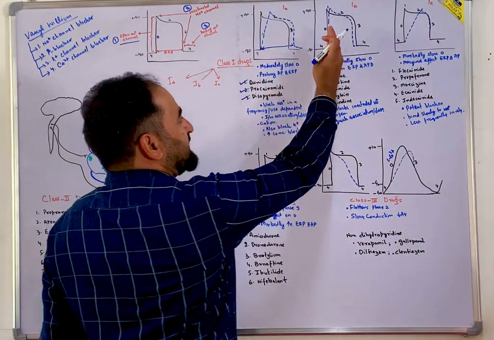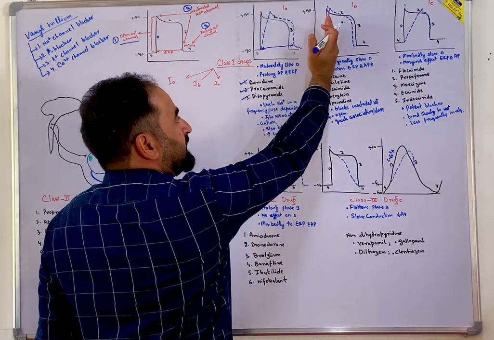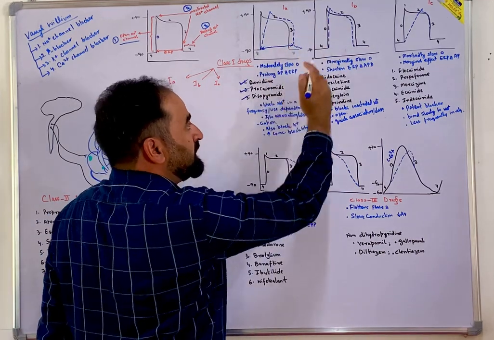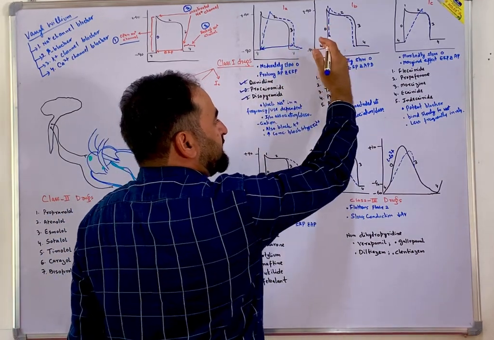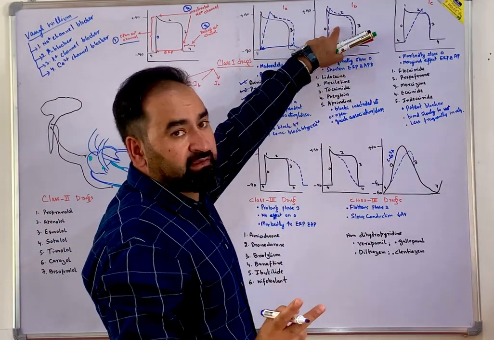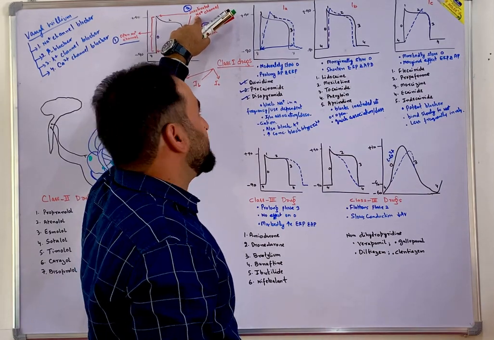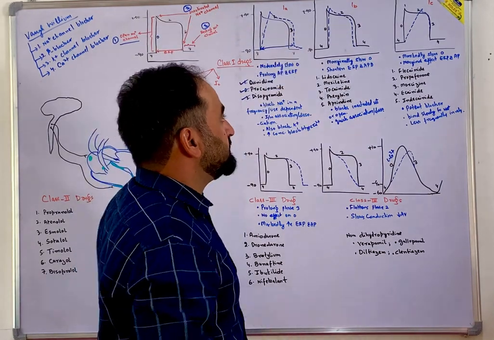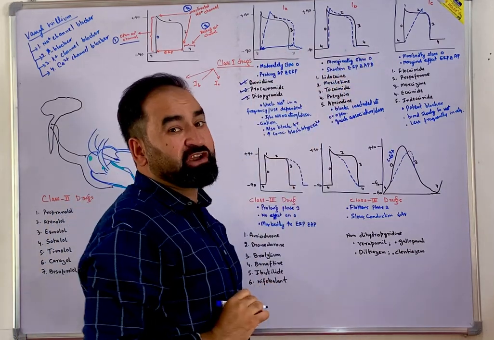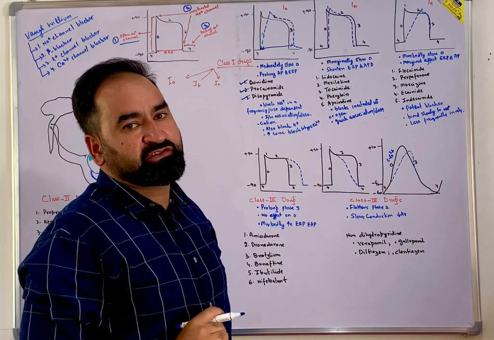Class 1B drugs, see, marginally deflect the curve. Marginally deflected zero phase. Number two, it blocks the inactivated state, that means it binds with the inactivated sodium channel. It also does not have potassium channel blocking activity.